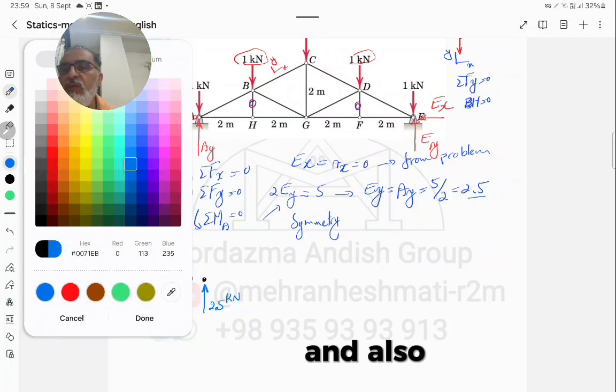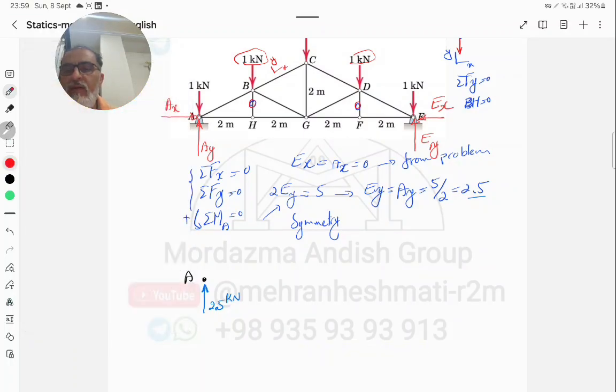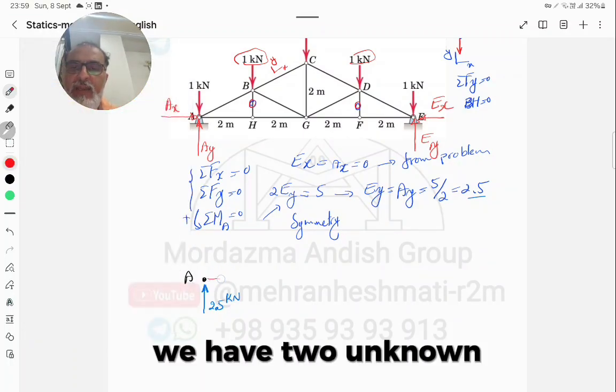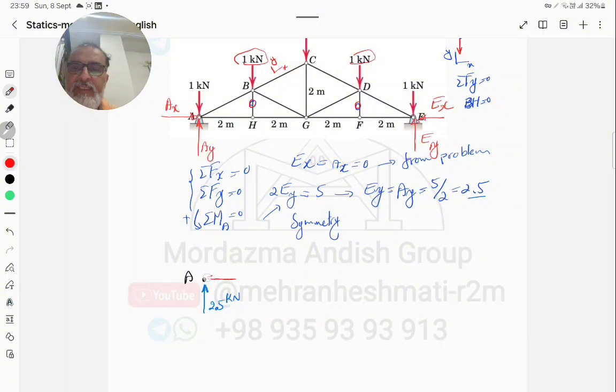And also we have two unknown forces, for example, AH and AB.